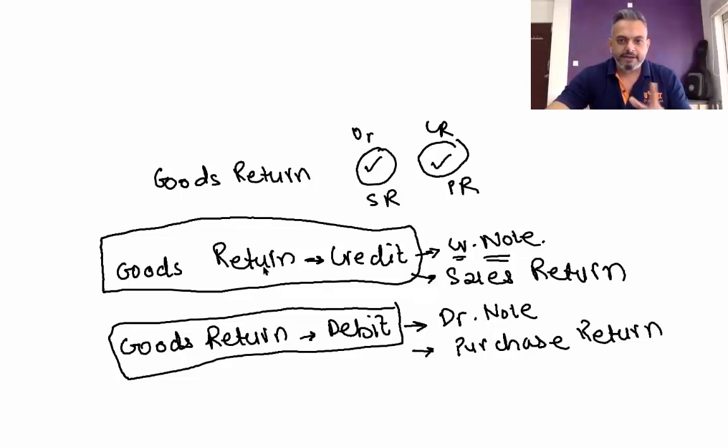It is not written credit balance, so it means it is a credit goods return with a credit note. So we credit a personal account and we debit what? Sales return. Sales return is also known as returns inward, and purchase return is also known as returns outward.